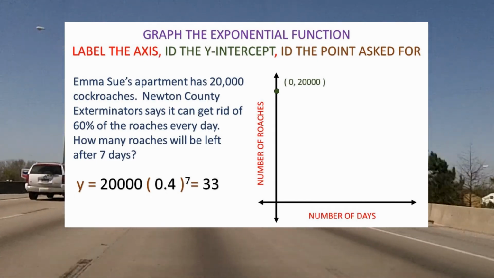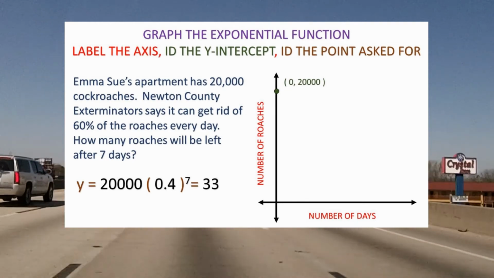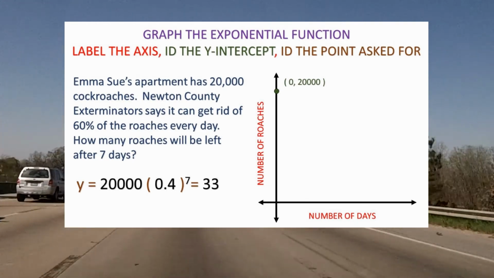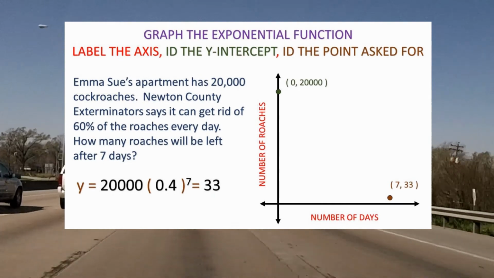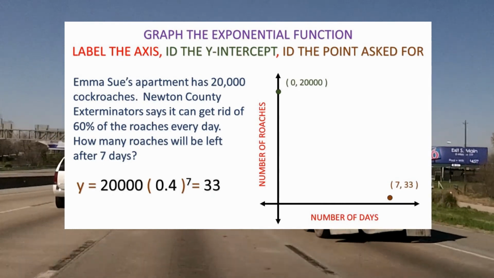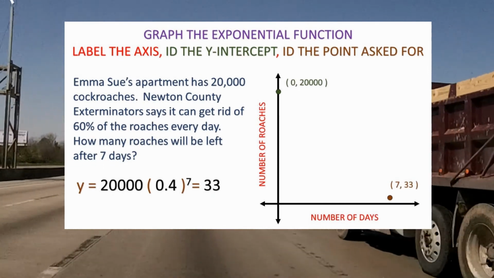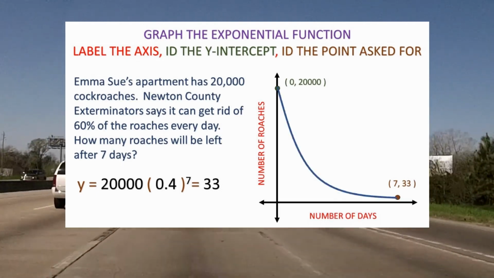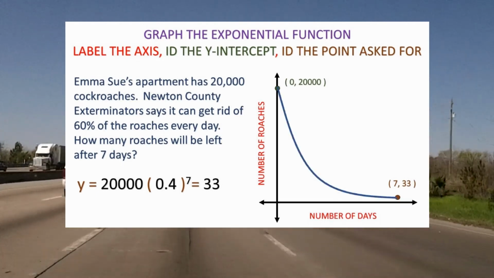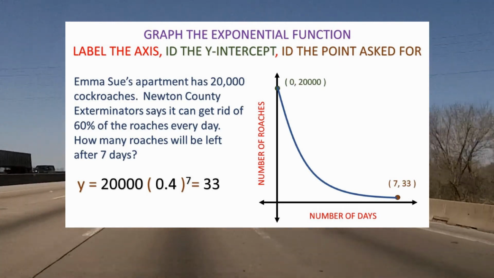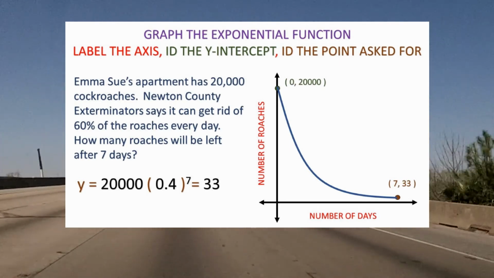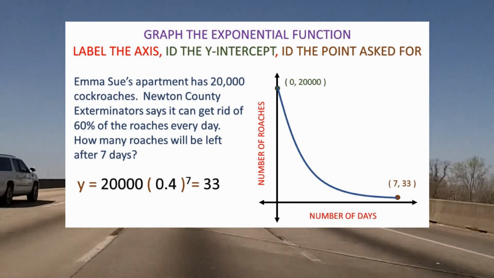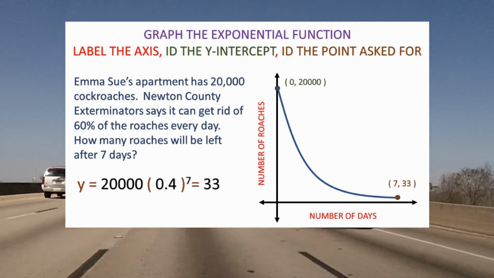Since the problem has decay, we'll put the y-intercept at the top of the y-axis. The point asked for was (7, 33). Since it has decay, this point will go in the bottom right-hand corner of the first quadrant. Once we have our two ordered pairs graphed, we'll connect them with an exponential decay curve. This gives us the function of the number of cockroaches as it depends on the number of days.